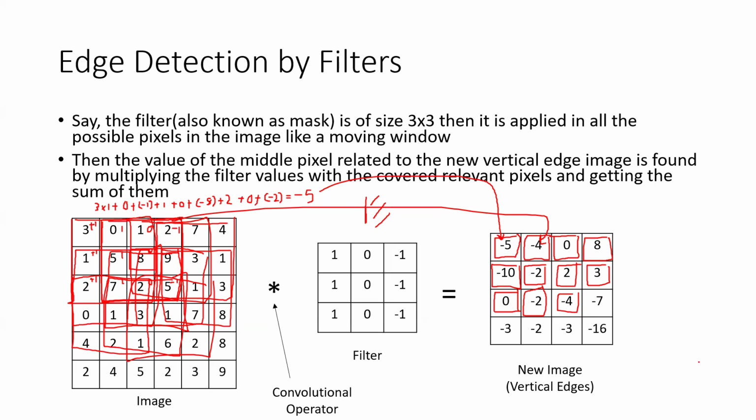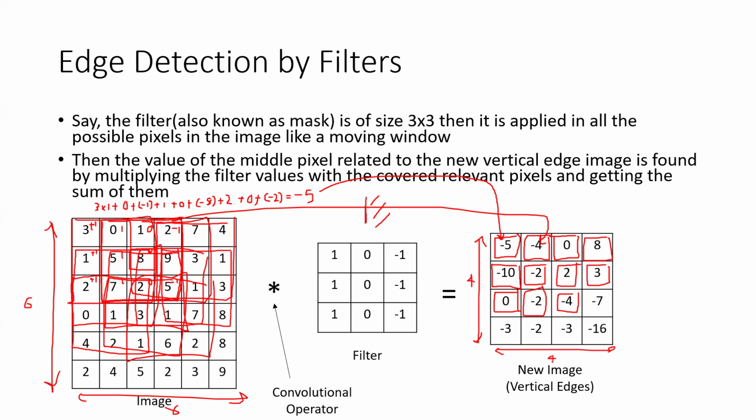So what you have to understand is that the original image has a dimensionality of 6 by 6. There are 6 pixels in this direction and 6 pixels in height: 1, 2, 3, 4, 5, 6. But in the edge image, you have only 4 pixels in this direction and 4 pixels in this direction.